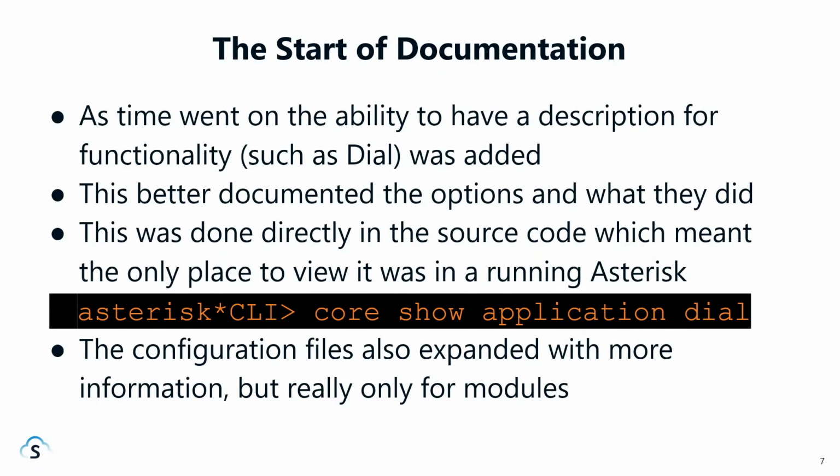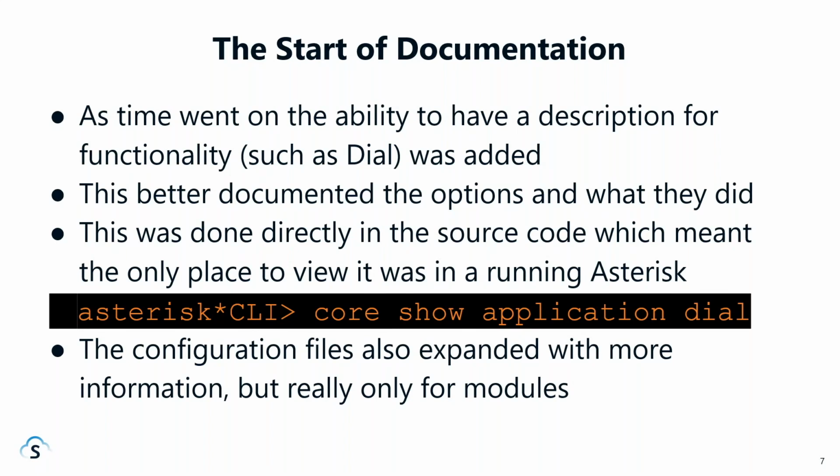So in the beginning, we added the ability for a description to be placed on dial plan applications like Dial to give better documentation insight into how to use it, the available options. This better documented things and showed you what they did. However, this was done directly in the Asterisk C source code, which meant the only place to view it was in a running Asterisk, using something like core show application dial, which still works to this day.